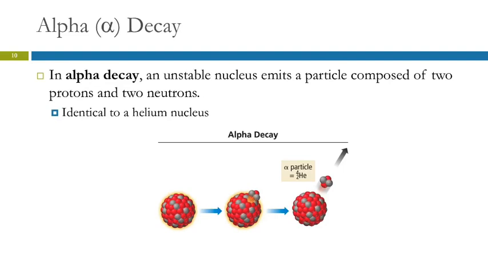So let's look at alpha decay. In alpha decay, we have an alpha particle that gets emitted. An alpha particle is composed of 2 protons and 2 neutrons. So this is identical to a helium nucleus. 2 protons, 2 neutrons. So here we have an illustration. This nucleus is unstable.